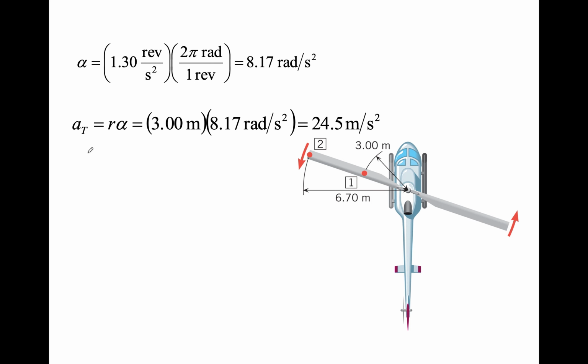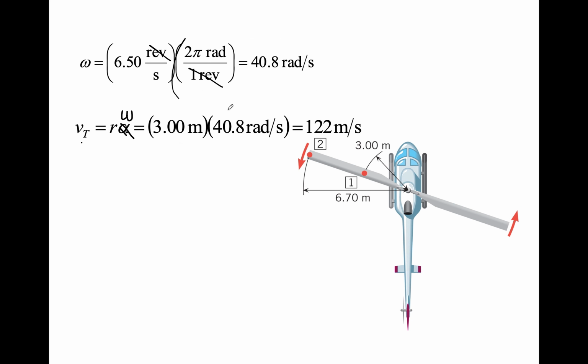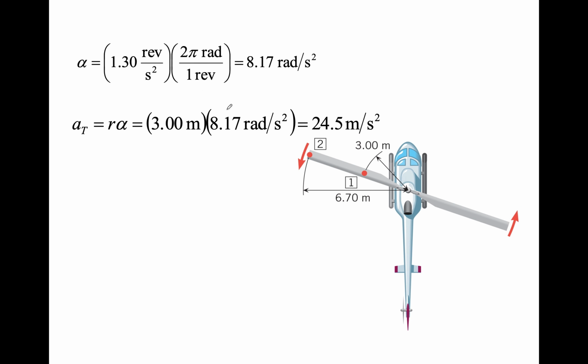Now, to calculate tangential acceleration, we need to convert angular acceleration to radians per second squared as well. Angular acceleration is 1.3 revolutions per second squared. 2 pi radians equals 1 revolution.